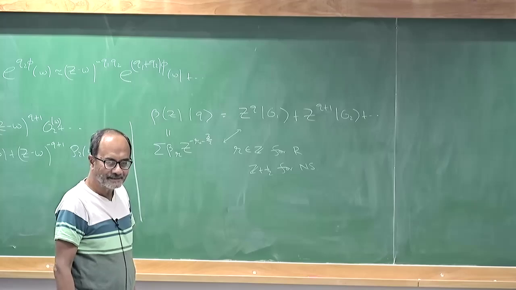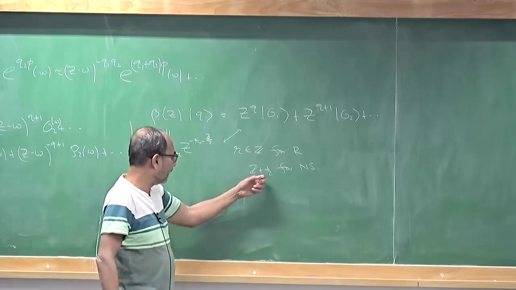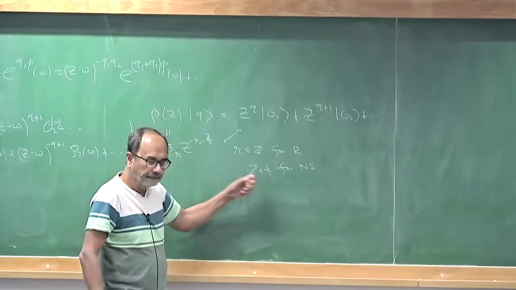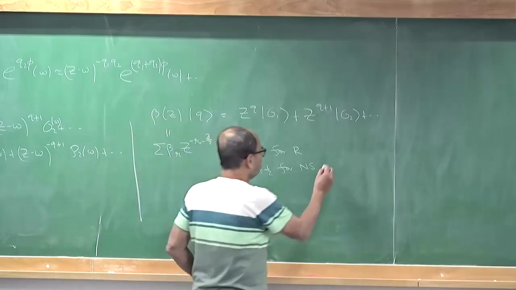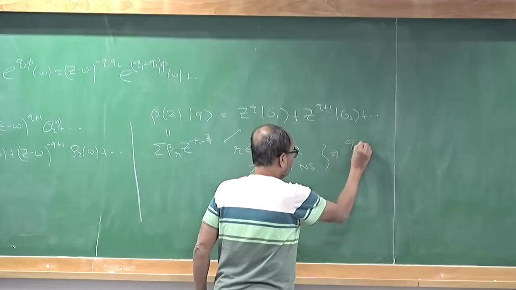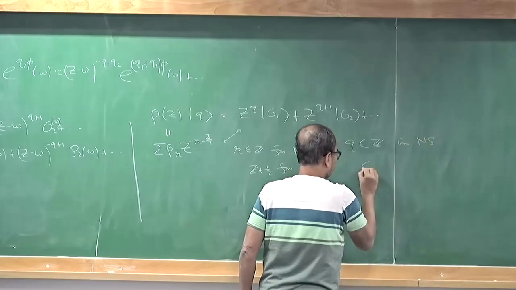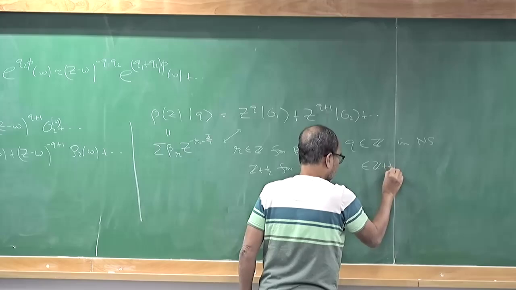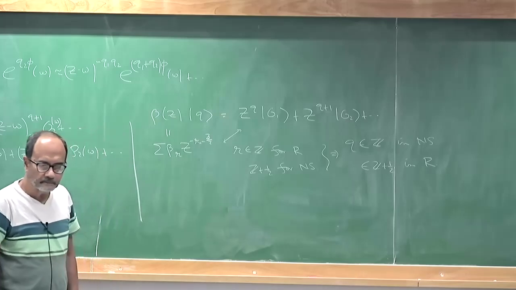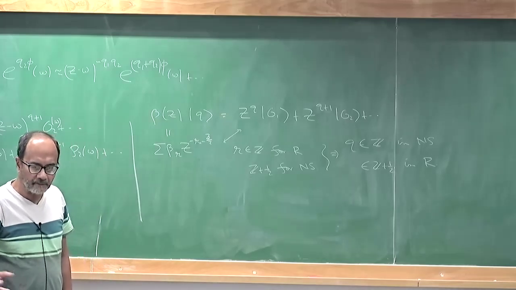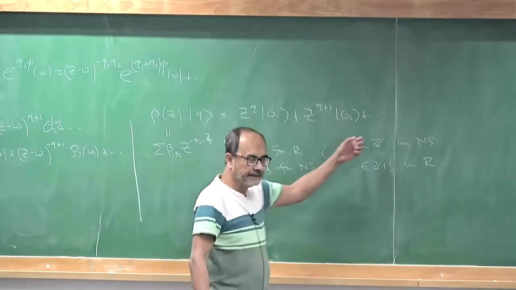The power is integer in the NS sector, so this means that q is integer in the NS sector and integer plus half in the Ramond sector. And since you don't allow β and γ to have other, fractional mode expansions, we don't allow q to be anything other than integer or half integer.